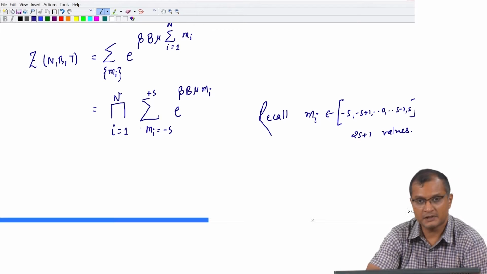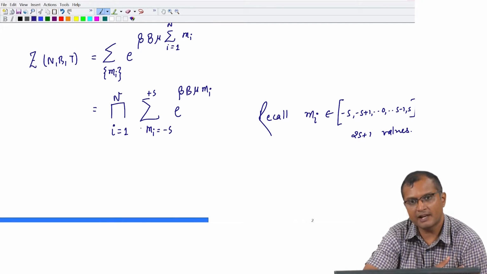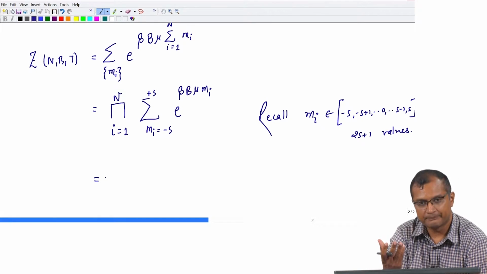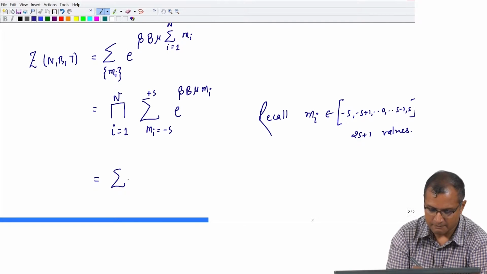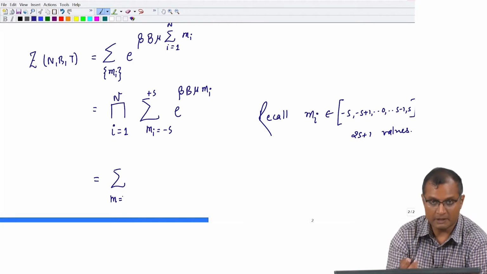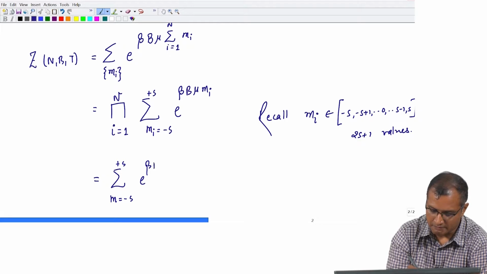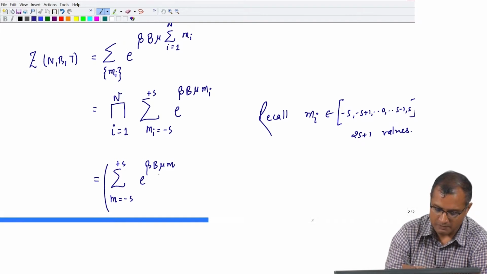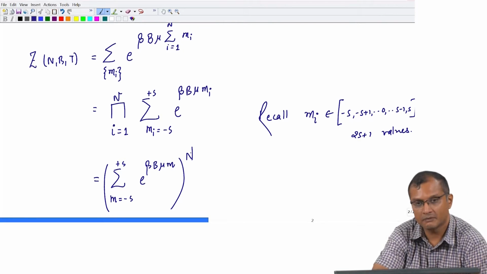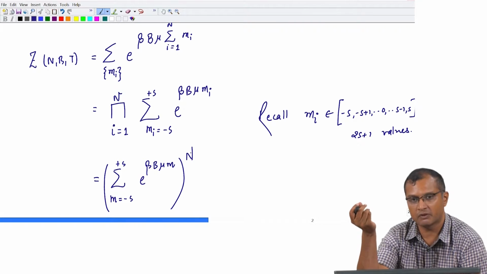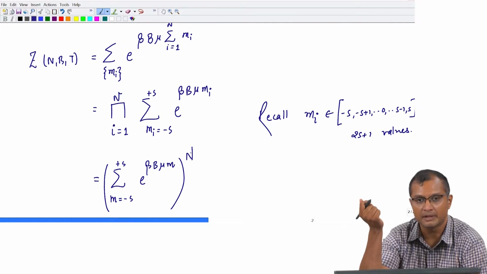For each i that is fixed by the product outside, you take the same values of mi from minus s to plus s and compute the sum, which means I can simply compute it for one value of i and raise everything to the power n. So, this is now a simple task of taking some variable m going from minus s to plus s, e raised to beta b mu m, and you simply raise the entire thing to n, because you do it repetitively for each i, the same task, which is like doing it for one i and raising the entire thing to power n.